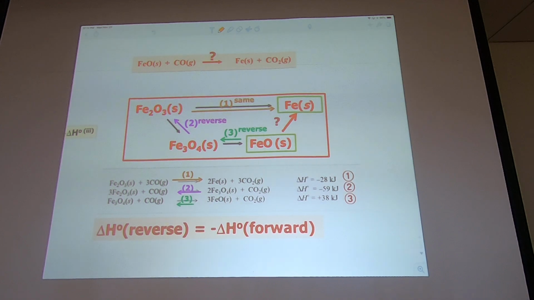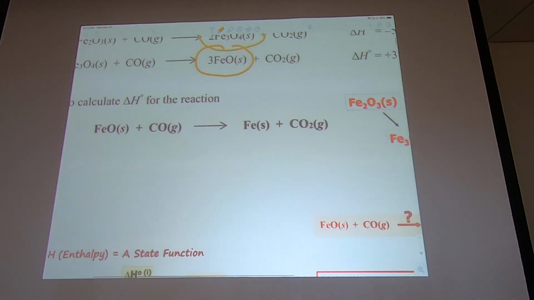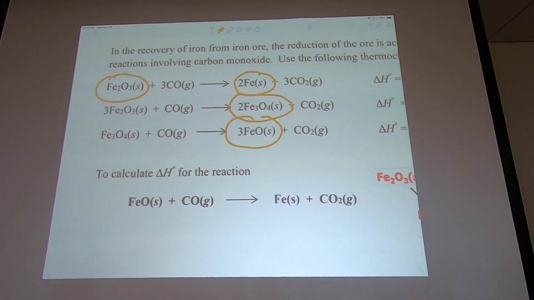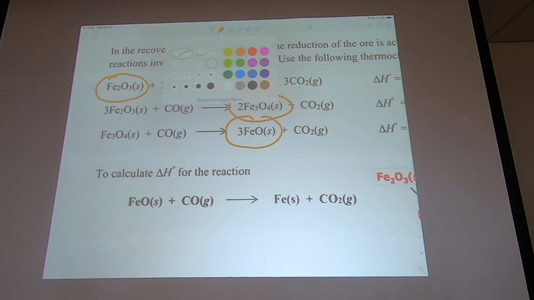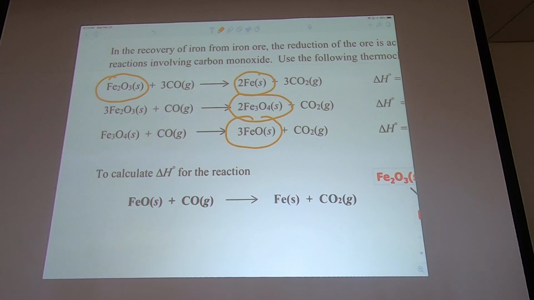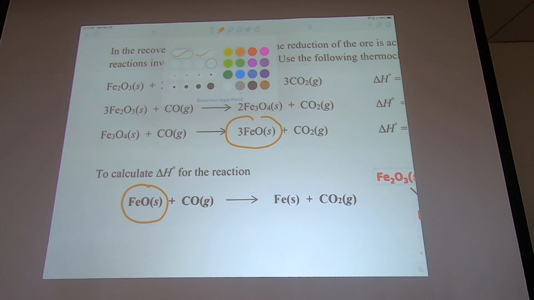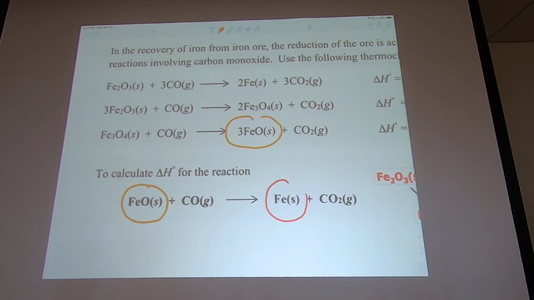So let's go back to the original problem. Okay, this is the original problem, and let me color it. This is where you are, so let me get rid of the rest of them here. This is your starting point. Your destination in red is right there. Right?